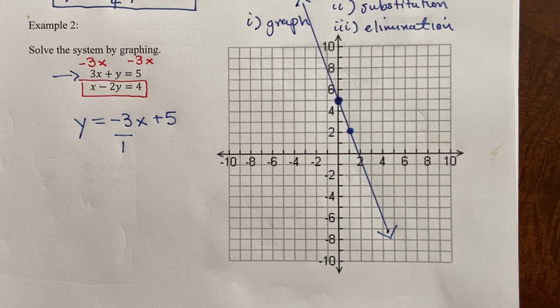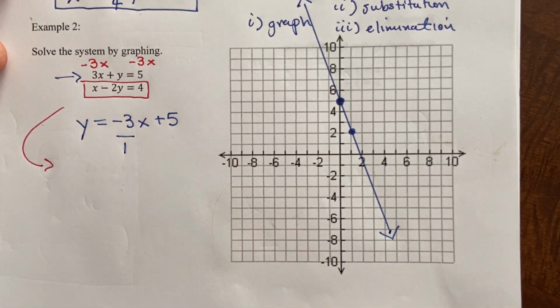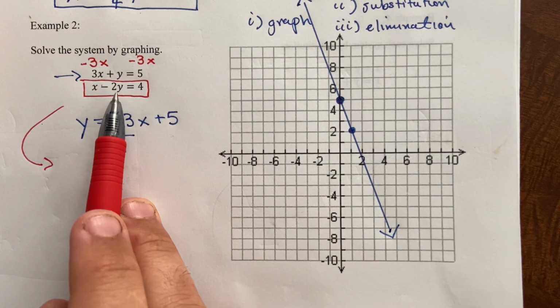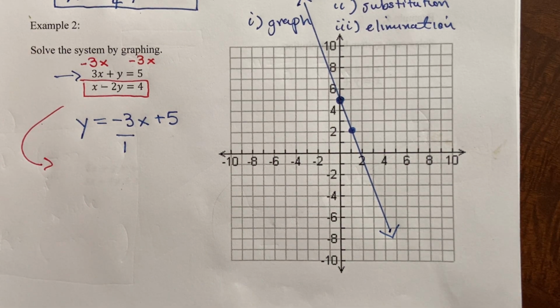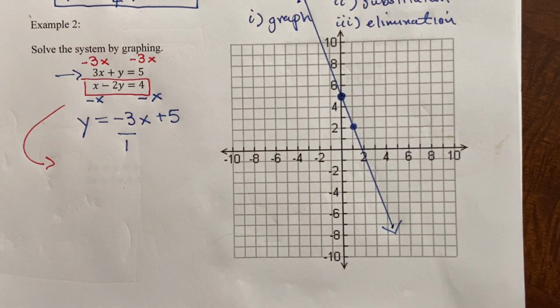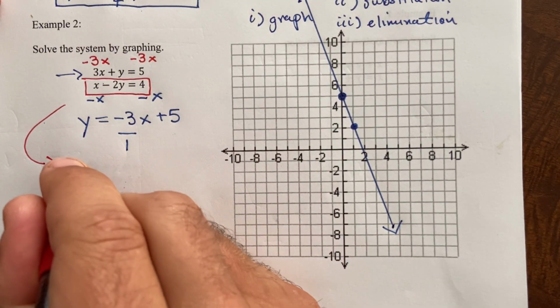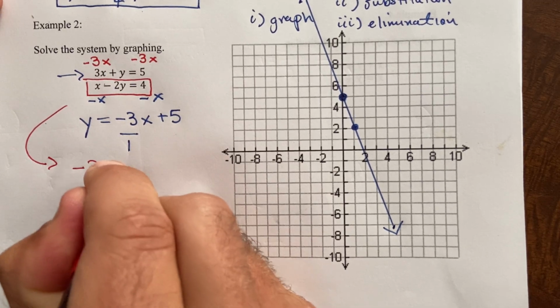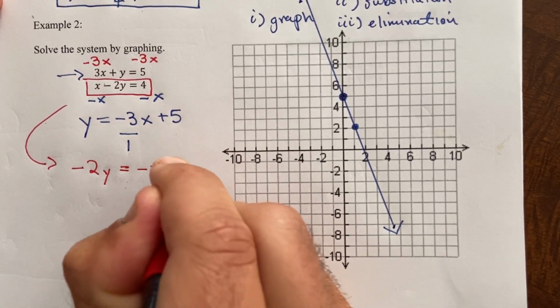I can get this into slope-intercept form again. Maybe I'll just stick with a similar approach. So I'll try to get y alone. I'll subtract x over as my first move. So I'll have negative 2y equals negative x plus 4.